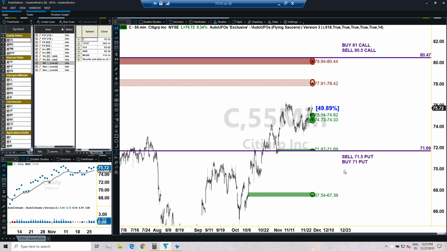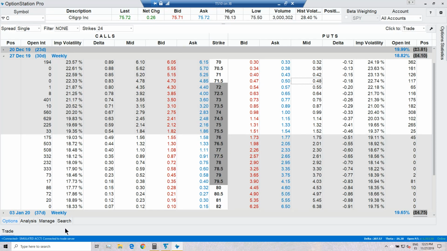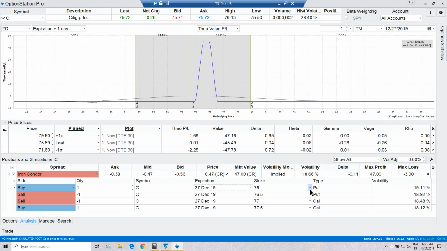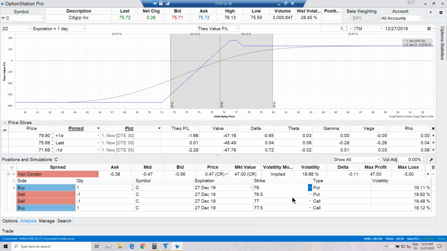Okay, so if I was to do that, what would the outcome be? So I'm going to go back to my analysis tab. We said 71 and 71.5 using December 27.